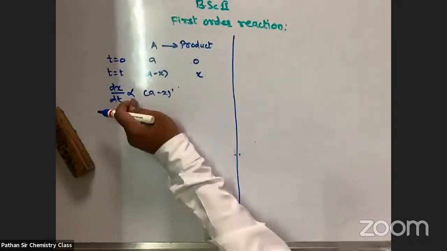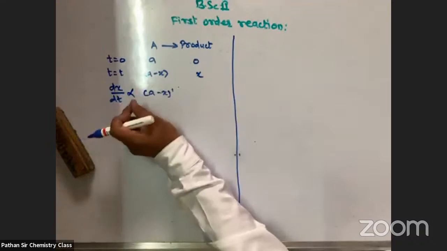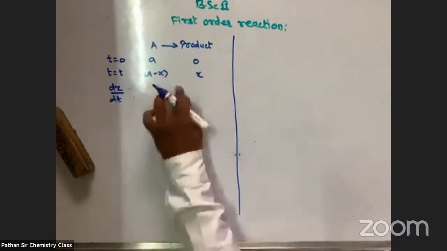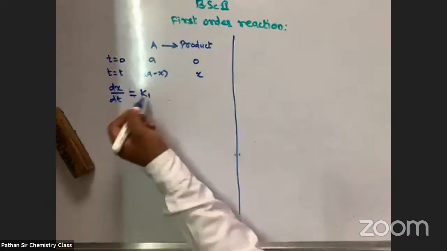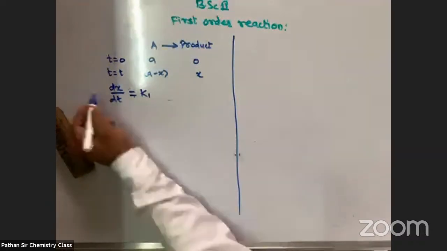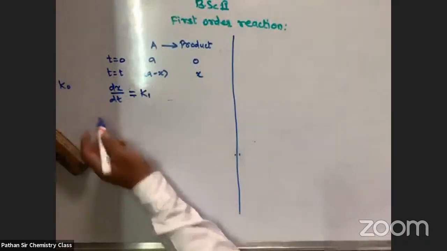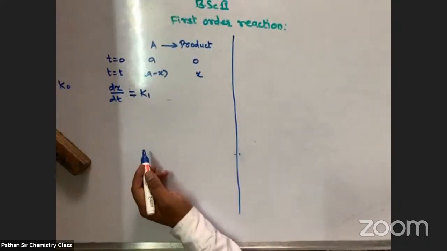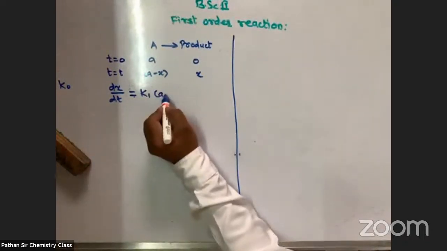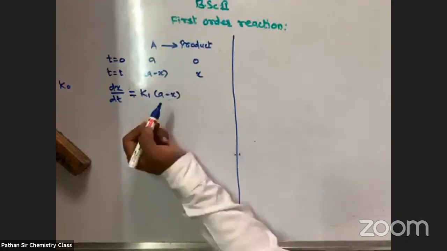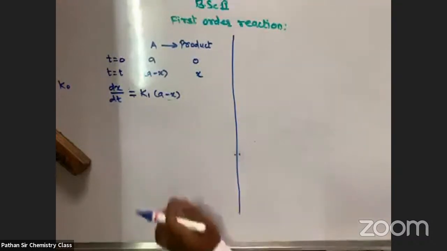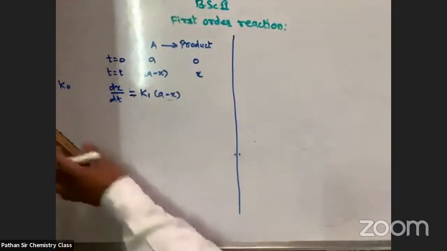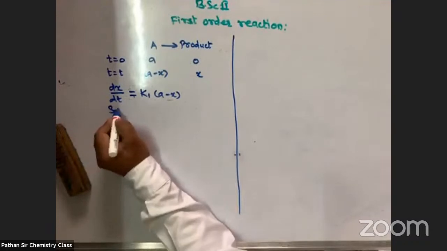Then remove this proportionality sign and introduce constant K. For first order reaction, we are using K1. Last time that was 0, so we used K0 as a term. So K1 into A minus X to the power 1. It is not necessary to write that one. Okay. So as usual, separating variables.